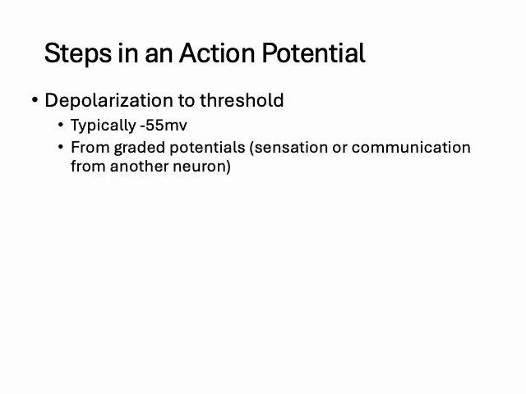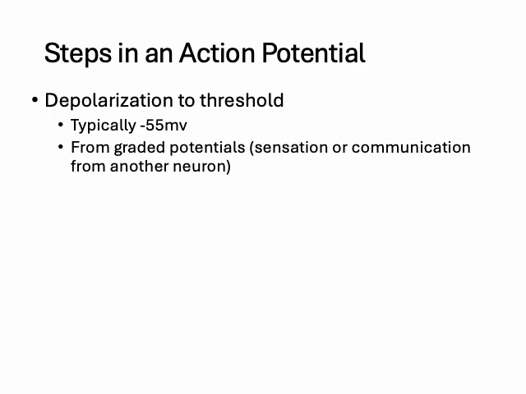So the dendrites and the cell body are going to depolarize, and it needs to depolarize to threshold. What is the threshold? The threshold is a magical number where our voltage-gated channels open. Where are those voltage-gated channels? They're all the way down at the axon hillock.